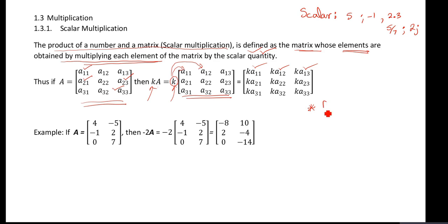Let's take, for instance, a matrix that looks something like this. 2/7, minus 3/7, 1/7, 5/7, minus 4/7, and let's just say 1/7 as well. Now that is a 3 by 2 matrix.